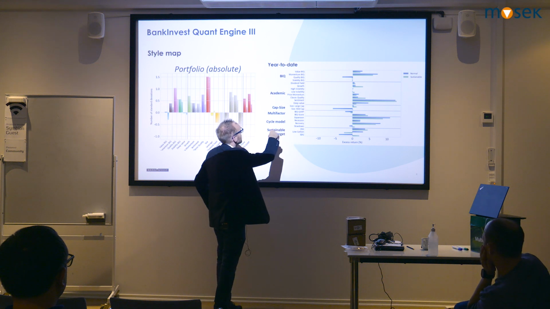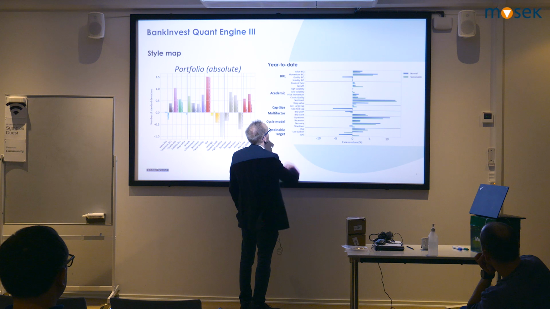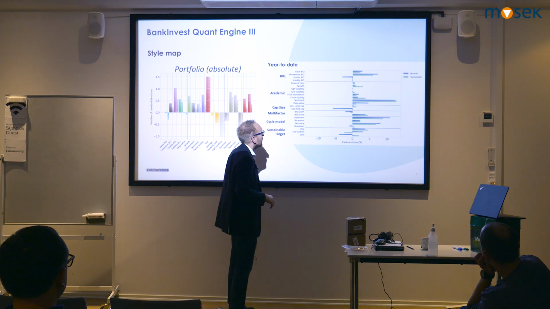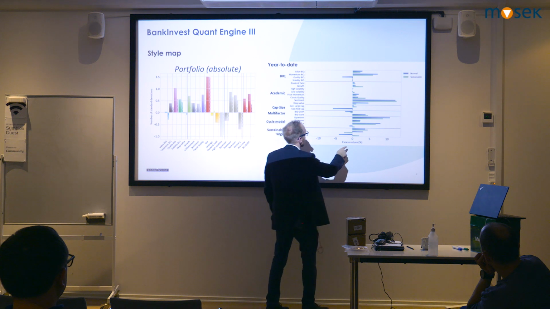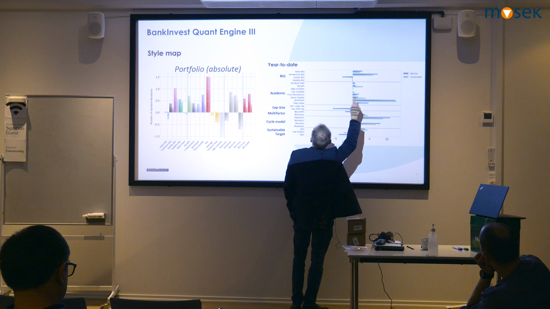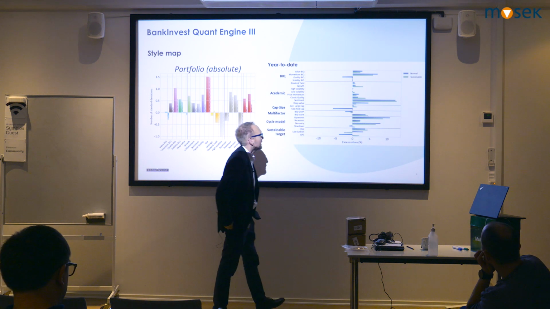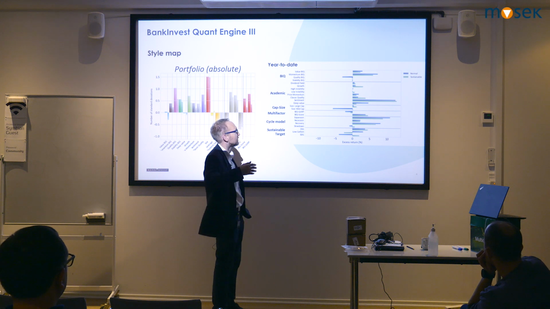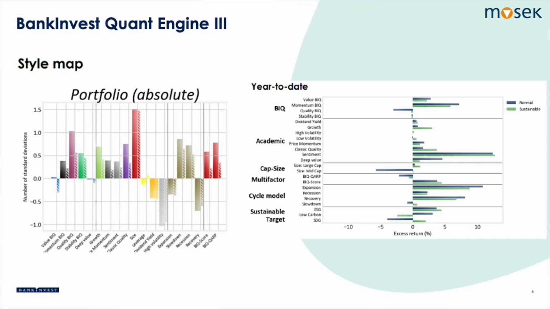With the value factor that we construct, which we call value BIQ, the excess return from benchmark year to date was, and each factor comes in a normal version and a sustainable version where some more sustainability constraints are added to the portfolio, but there the excess return year to date is like 3-4% for the value factor.